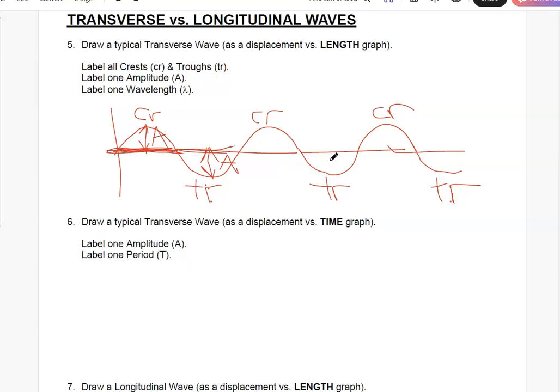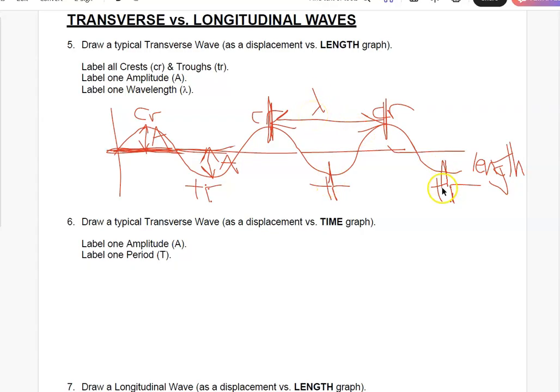And a wavelength can only be observed on a diagram of when you draw a wave versus length. In other words, this axis here is our length axis. It's our distance or length. It's in meters or centimeters or some length unit. And the length between two adjacent crests is a wavelength.